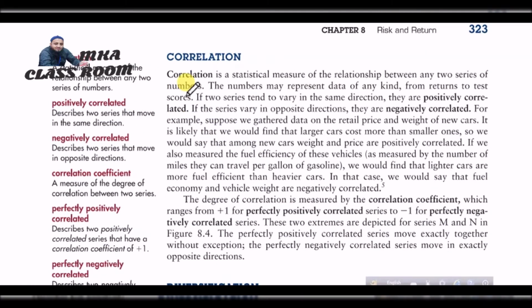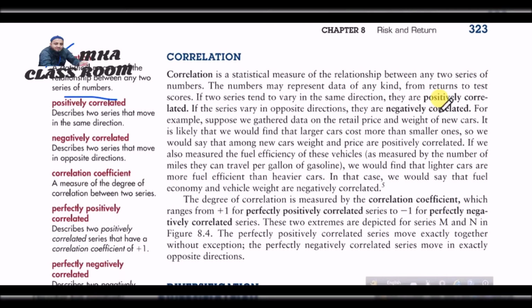Correlation is a statistical measure of the relationship between any two series of numbers. The numbers may represent data of any kind, from returns to test scores.